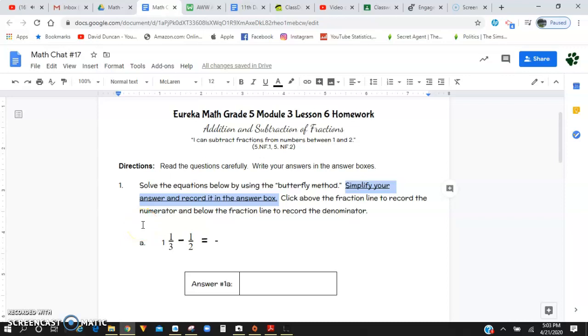Now when subtracting mixed numbers and fractions, you cannot use big sibling, little sibling. It does not work with subtracting. That only works with addition, because when we subtract, we have to make sure we have the bigger number first, okay?